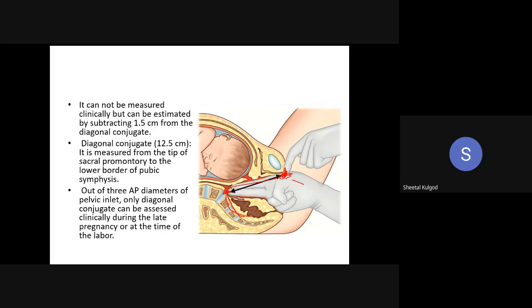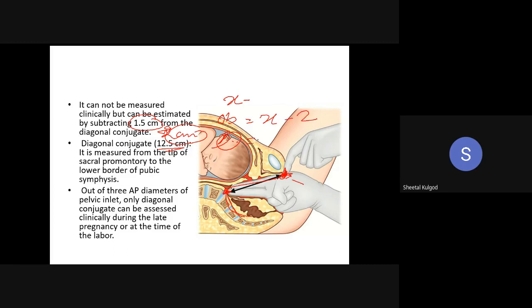Understood? So as I mentioned, the diagonal conjugate is usually 12.5 centimeters. And if you have to calculate the obstetric conjugate from the diagonal conjugate, remember that the obstetric conjugate is about 1.5 to 2 centimeters less than the diagonal conjugate. For example, if X is the diagonal conjugate, the obstetric conjugate will be X minus 2.